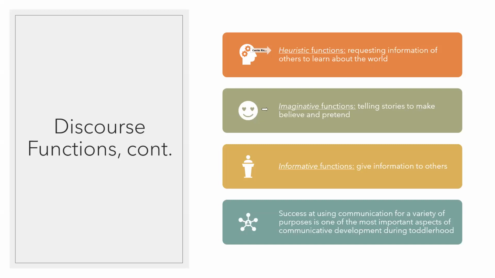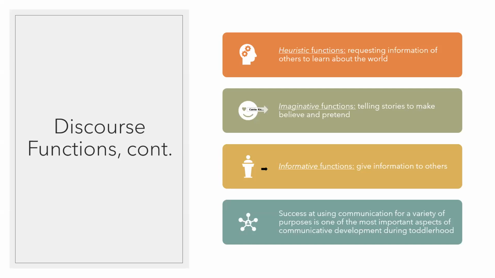Sometimes we use our utterances in other ways. So let's go back to the object noun phrase complements. Pretend, in the example we just looked at, pretend you're the mommy and I'm the daddy. That's an imaginative function. We use it to tell stories or to make believe and pretend.